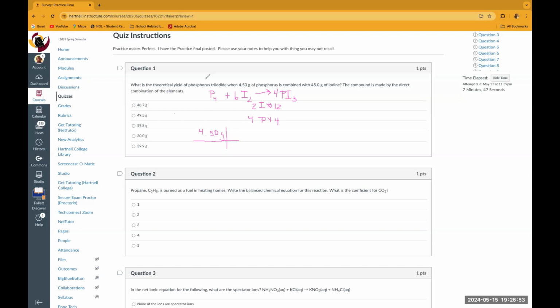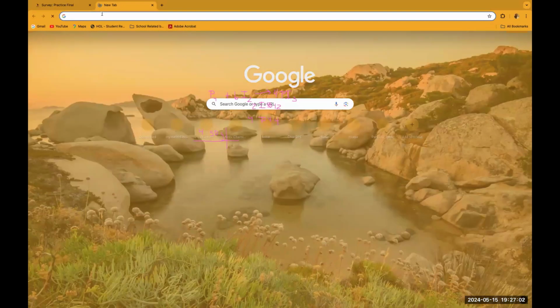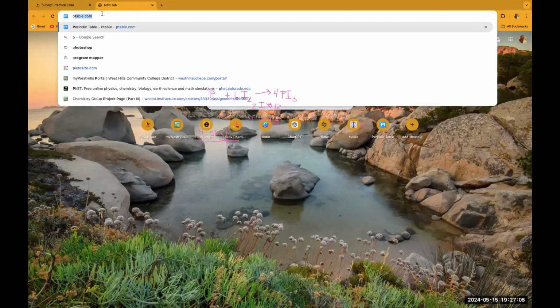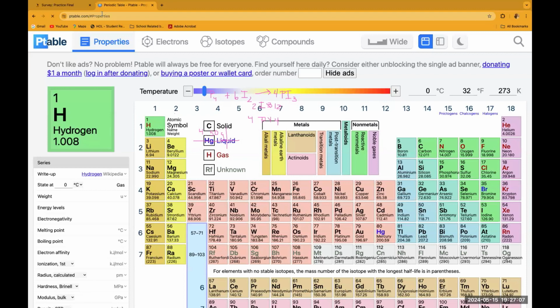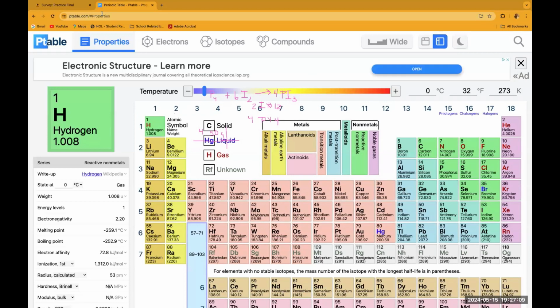Okay, so then we have P4. Phosphorus is, let me pull up my periodic table since I don't have it handy. Okay, so phosphorus is 31 roughly. So 31 times 4, 124.